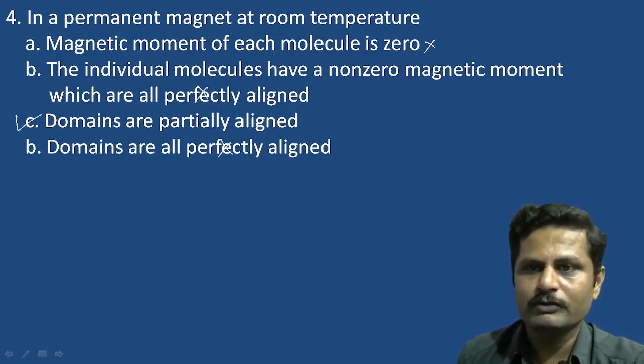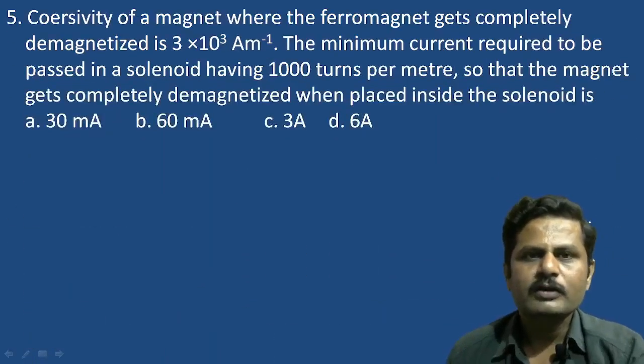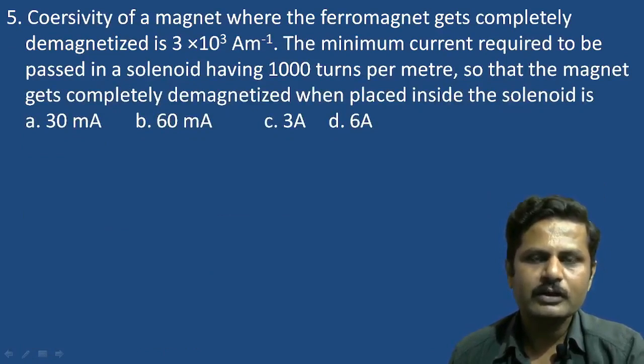Let's have a look at the next question. The coercivity of a magnet, where the ferromagnet gets completely demagnetized, is 3 into 10 to the power of 3 ampere per meter.